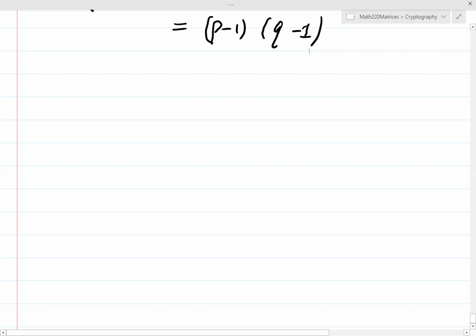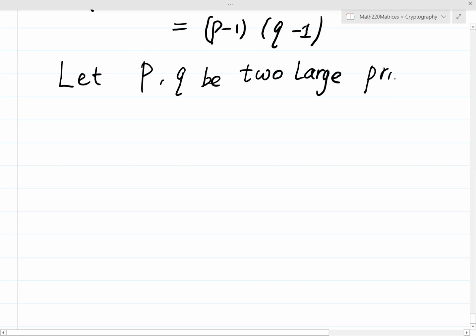Now we start RSA. Let P and Q be two large primes.